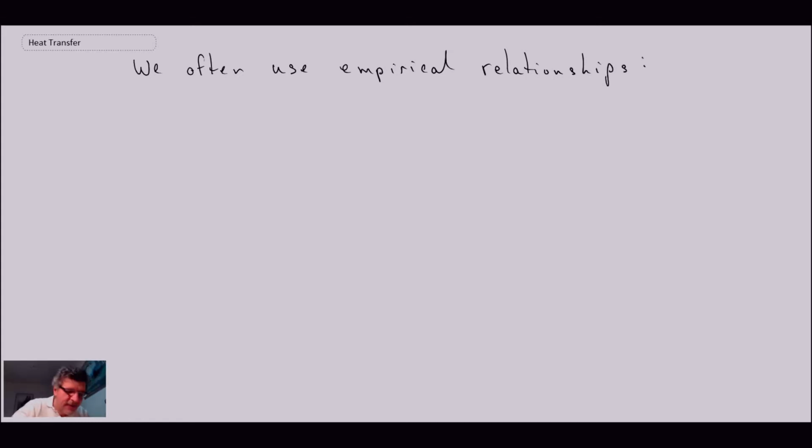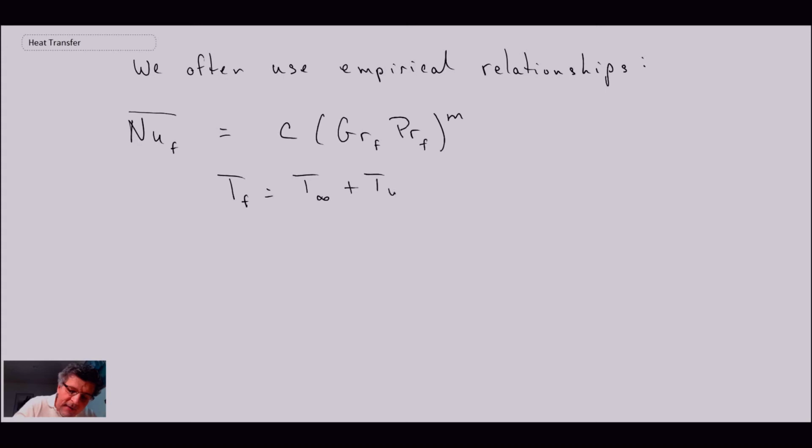And the relationship that we use here is, you'll see the subscript F denoting that you're evaluating the properties at the film temperature. So we use these coefficients C and M, and the film temperature is T infinity plus T wall divided by 2.